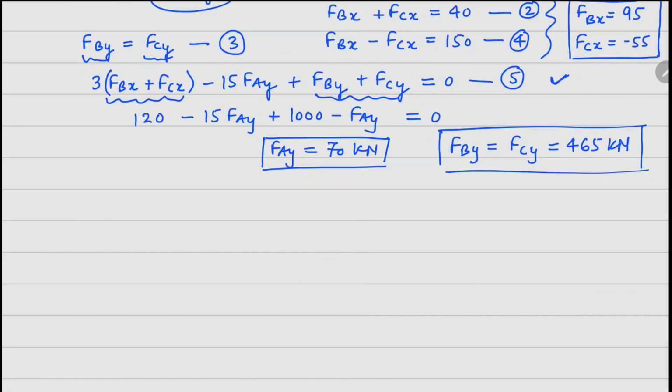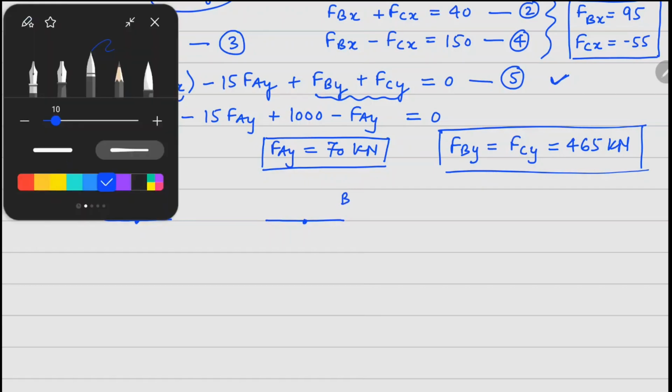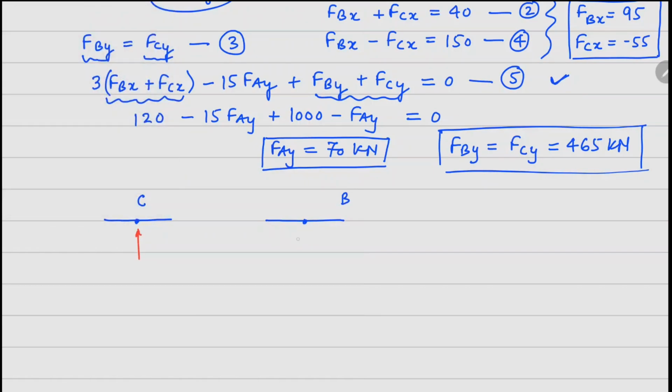Now for the requirement for the coefficient of friction, let's look at those 2 wheels. This one is your B and this one is your C. In terms of normal force, both of these wheels are the same amount of force, 465 kilonewtons here and 465 kilonewtons here.